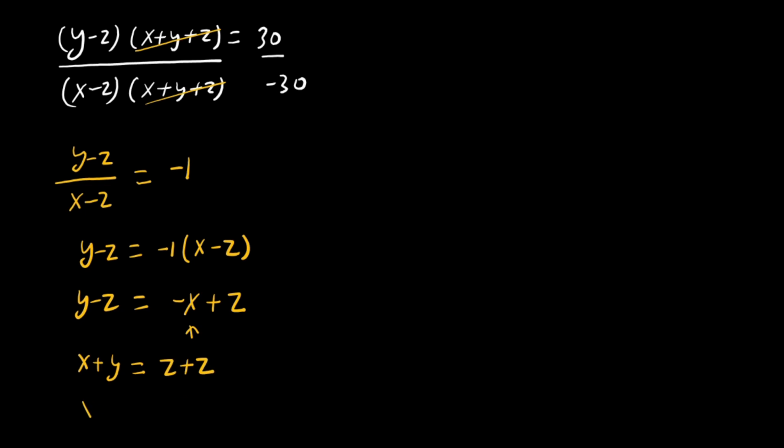So in the left hand side x plus y is equal to z plus z, that is 2 times z. Now if we divide both sides by 2, then we get the value of z as x plus y over 2.